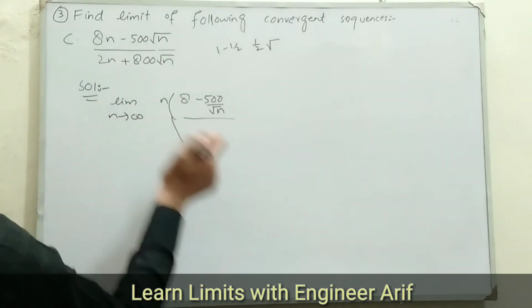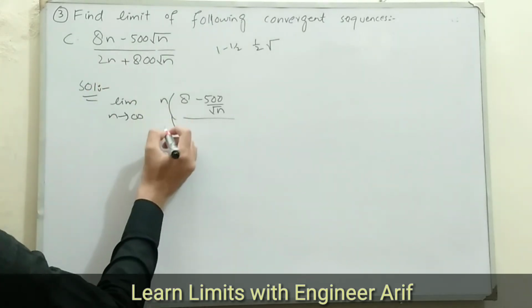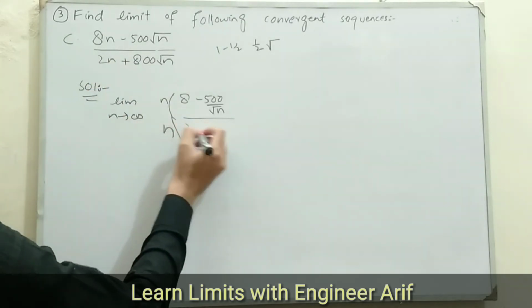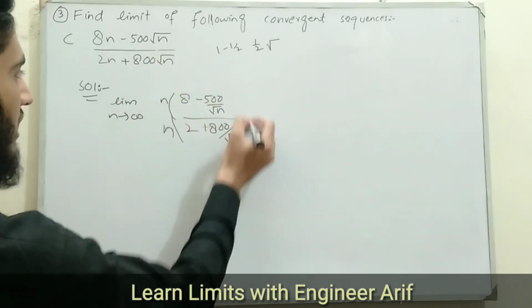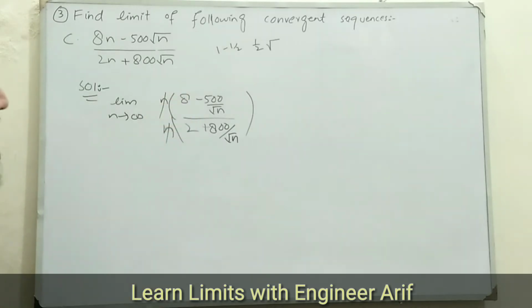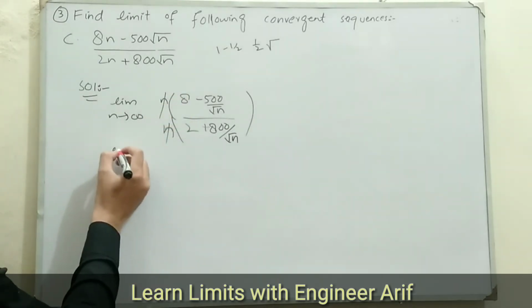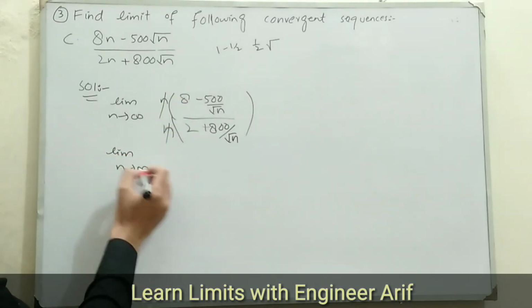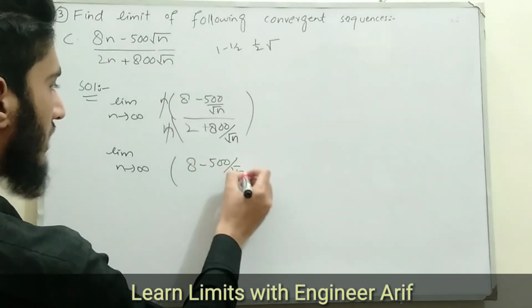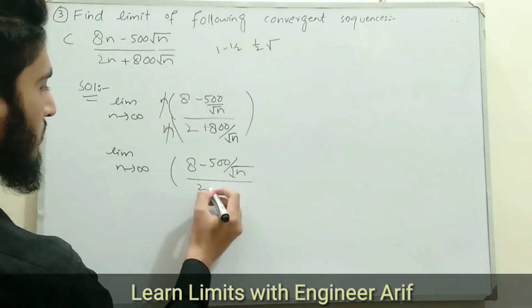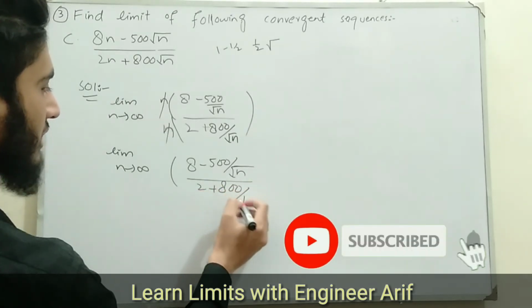Apply the same logic in the denominator, take n common. So we are left inside with 2 and plus 800 divided by square root n. After this, cancelling n with n, we are left with limit n approaches infinity of 8 minus 500 divided by square root n, divided by 2 plus 800 divided by square root n.